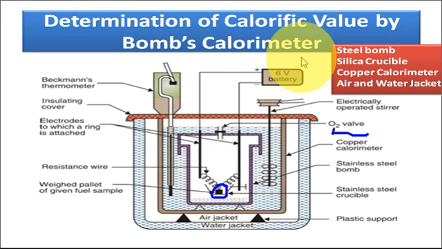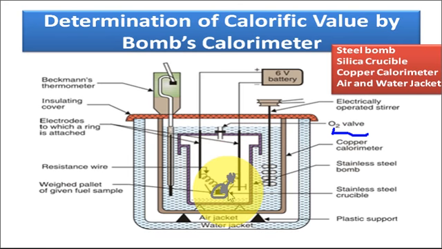Now switch on the electricity. As we pass the electricity, the electrodes are heated. Due to the heating of these electrodes, the magnesium fuse wire is also heated and burns. The burning of the magnesium fuse wire releases energy which provides the ignition temperature to this fuel.